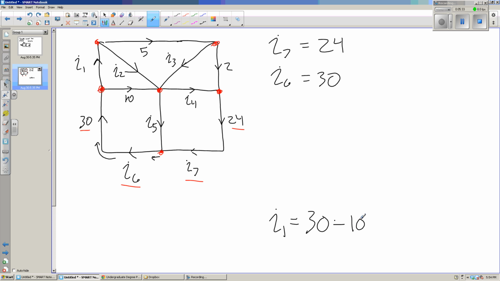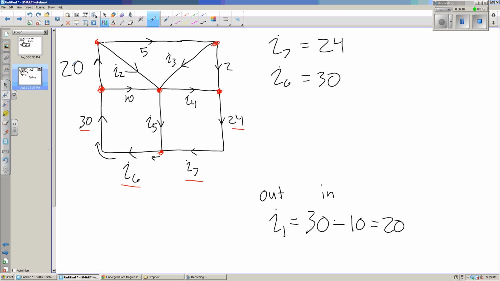But for the negative 10, I've switched the direction. Instead of flowing out, it's flowing negative 10 in. So this would be my inside, this would be my outside, and it's negative because it's going in the wrong direction. And what do we get here? 20. Okay, so we can delete I1 here and put a 20 up there.